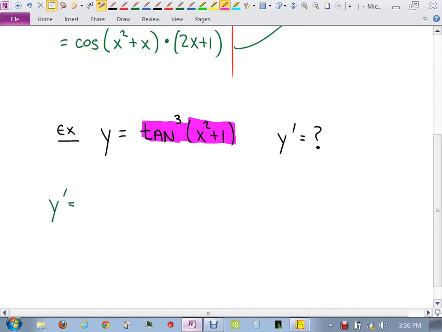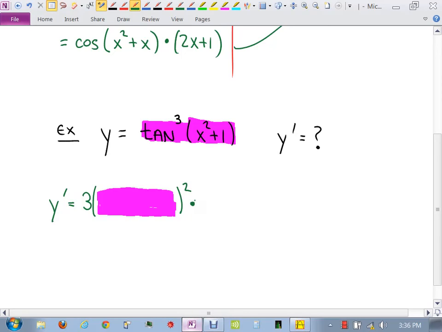So 3 purple squared. That's the derivative of purple cubed, 3 purple squared? Yes? Okay. So 3 purple squared. So I need that squared, so let me put parentheses squared. Times.